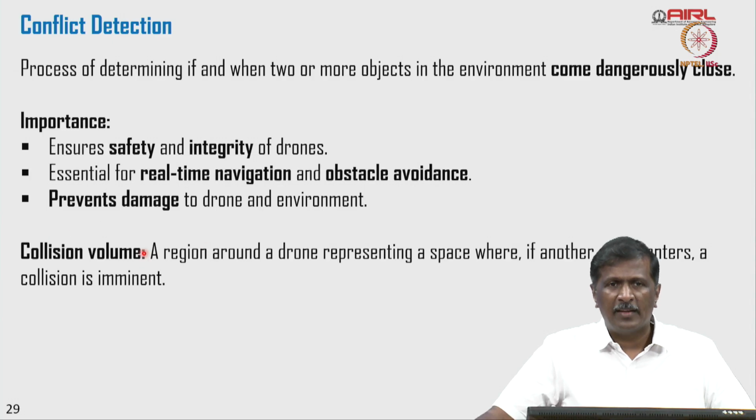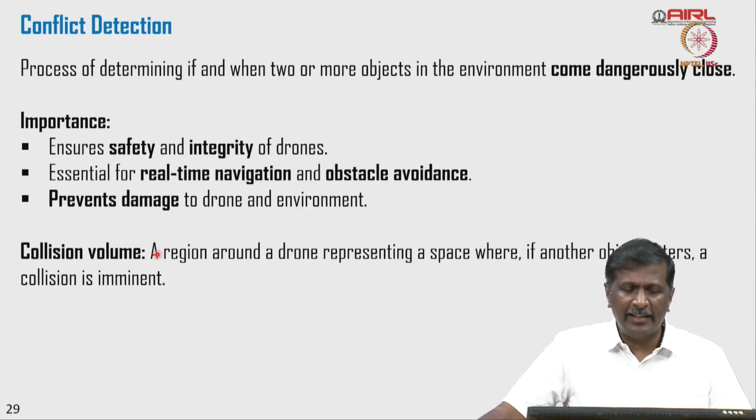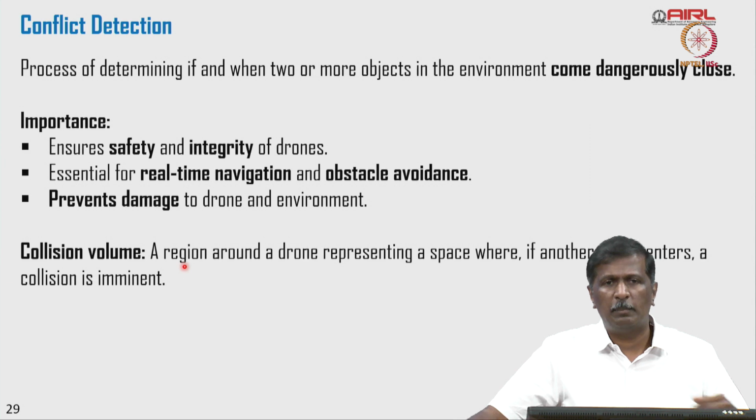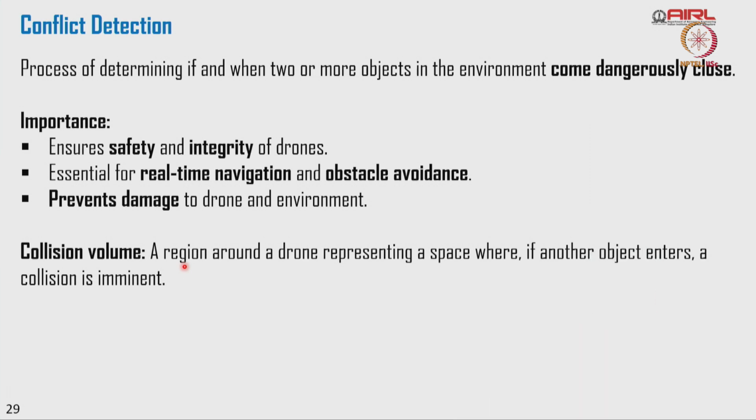What we need is to determine the collision volume. Basically, I need to determine the region around the drone representing the space wherever I am detecting the target. If another object enters the zone, that's what I need to determine. That's a collision volume. It is the volume space in which these two can be present. You see, a detection has its own uncertainty. Continued detection for a few frames has its own uncertainty.